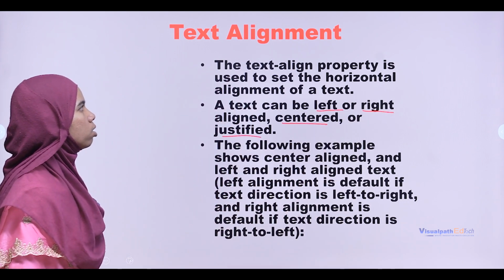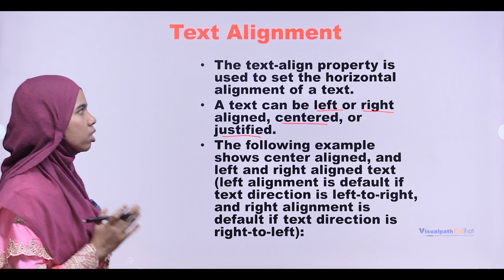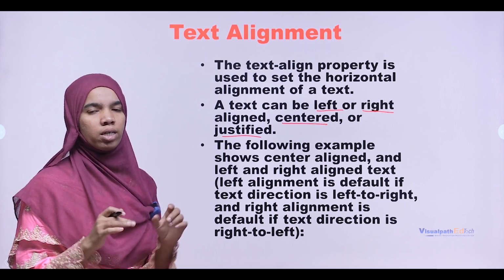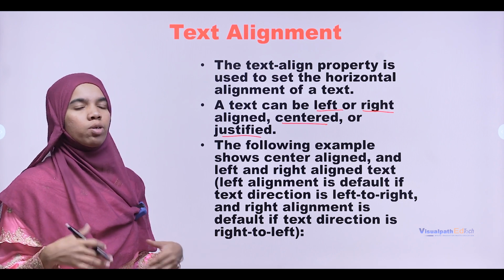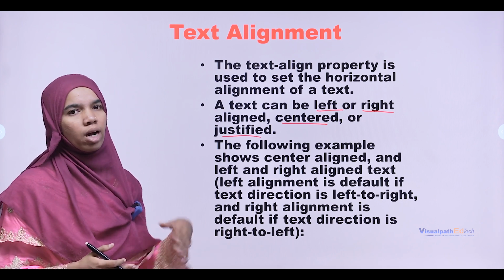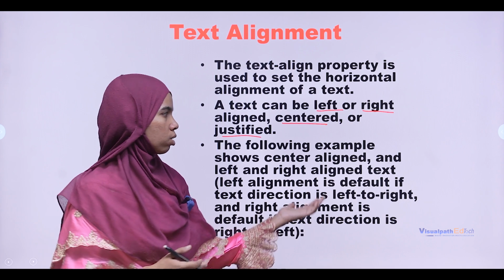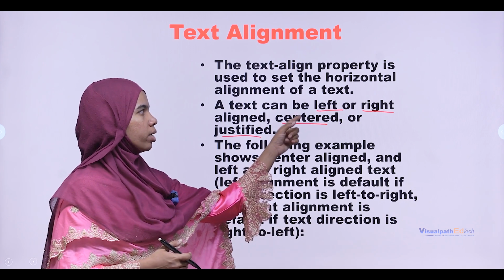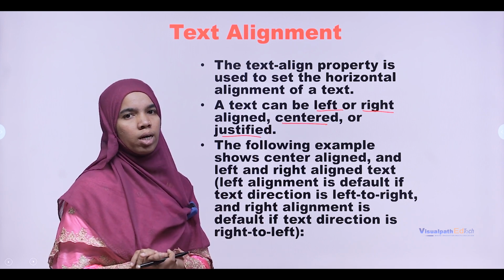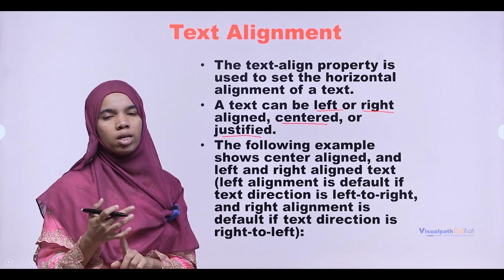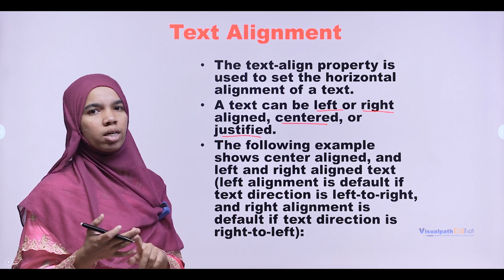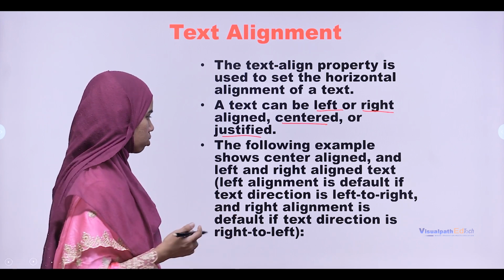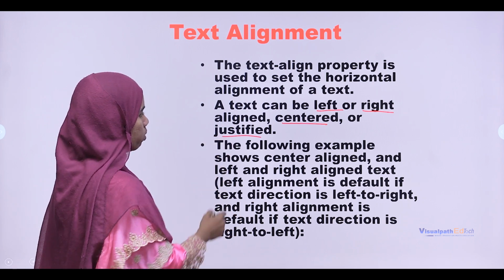By default, we align the text horizontally. If at all vertical alignment is needed, that we will see at the end of unit 2, where we will be discussing about it. But now majorly, whenever alignment comes, we talk about either the left alignment, right alignment, centered one, or the justified one. So these are the commonly used alignments for the text.